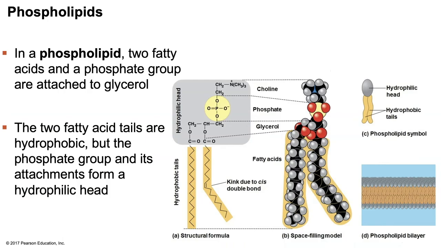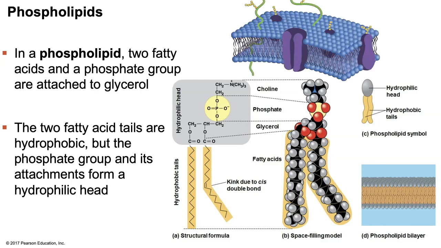The second type of lipid is a phospholipid. Phospholipids are the building blocks of cell membranes. The structure of the phospholipid is very important in understanding how it functions in cell membranes.